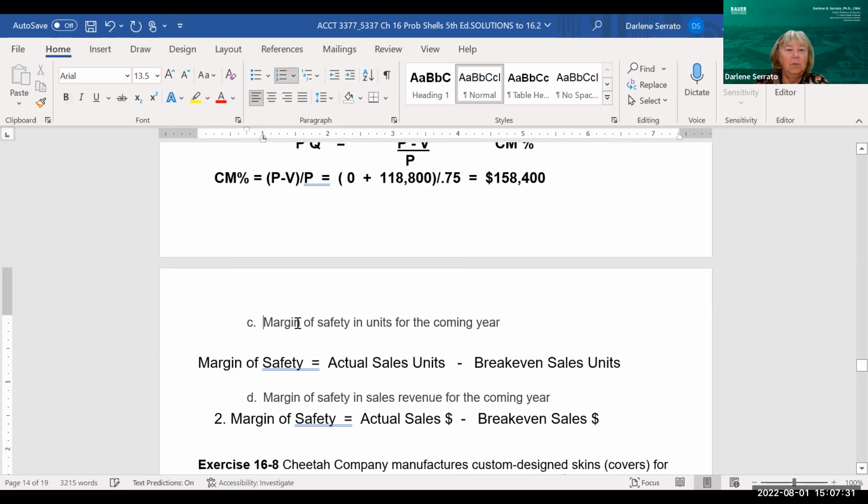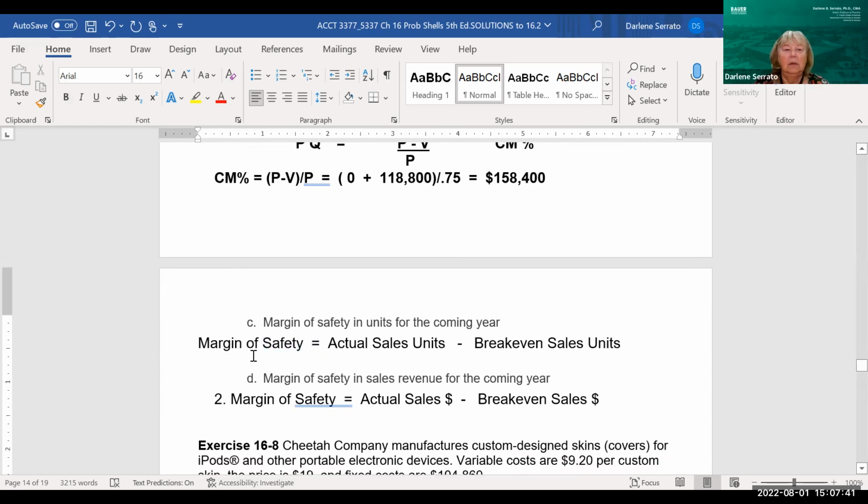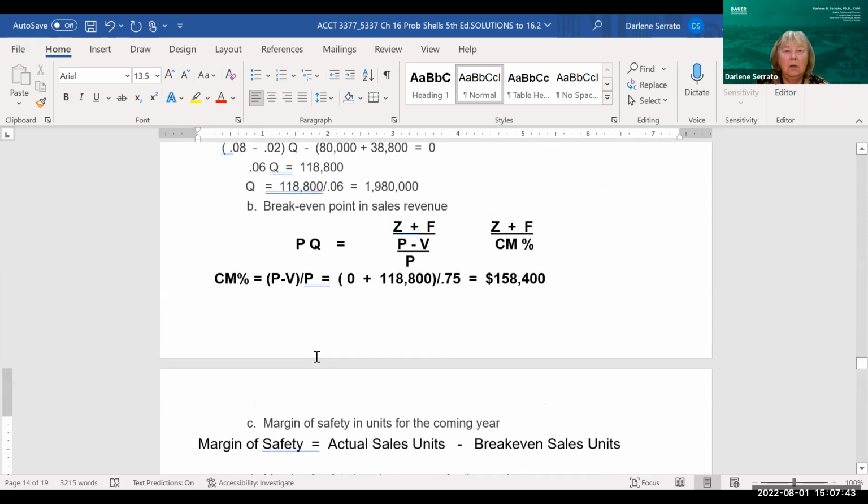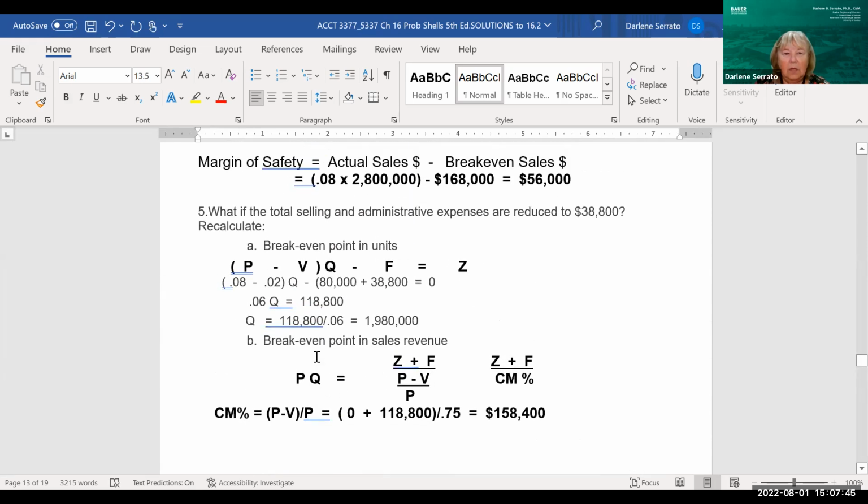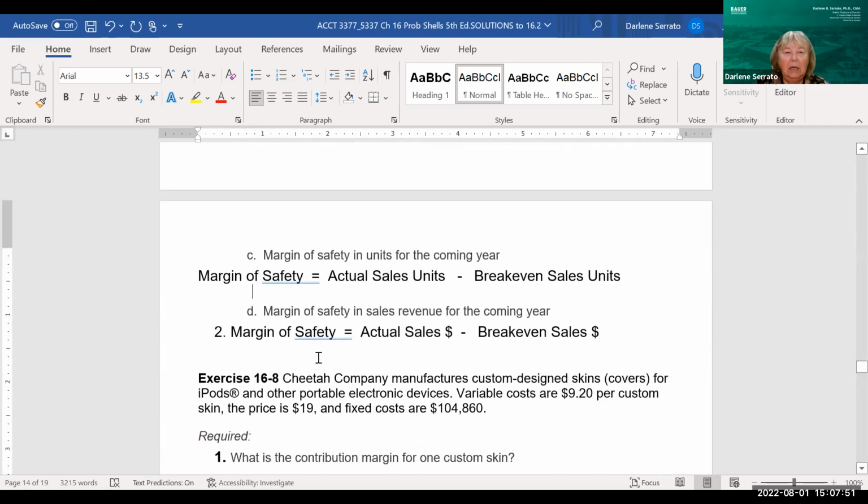Then what is margin of safety for the coming year? In units. So what did we say it was? 1,980,000 was the break even.